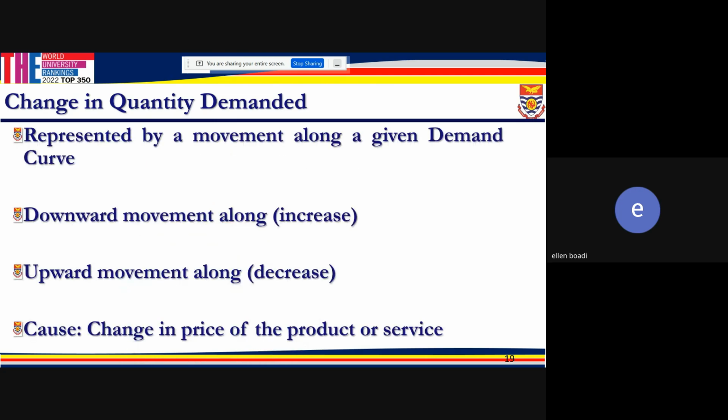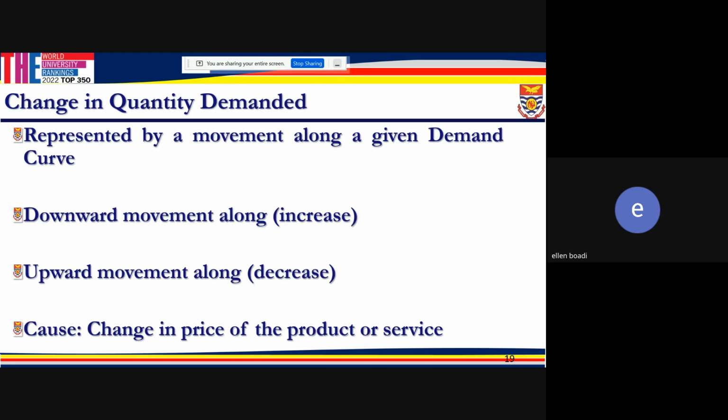A change in price of the commodity results in a change in quantity, and you call this change in quantity demanded. Change in quantity demanded is represented by movement along the same given demand curve.